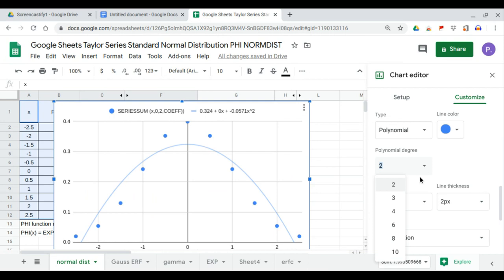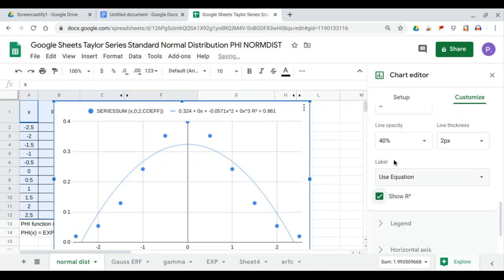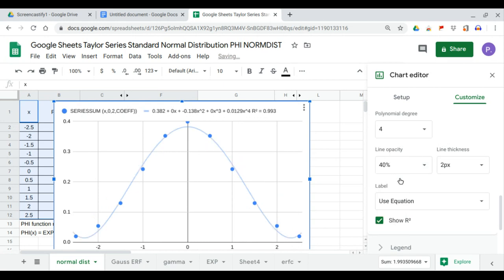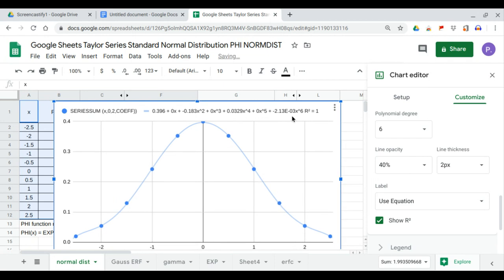We try degree 3, doesn't fit everything, so we try another higher degree 4. Now it's better, looks better. Try 6. 6 is perfect, so we have r squared of 1.